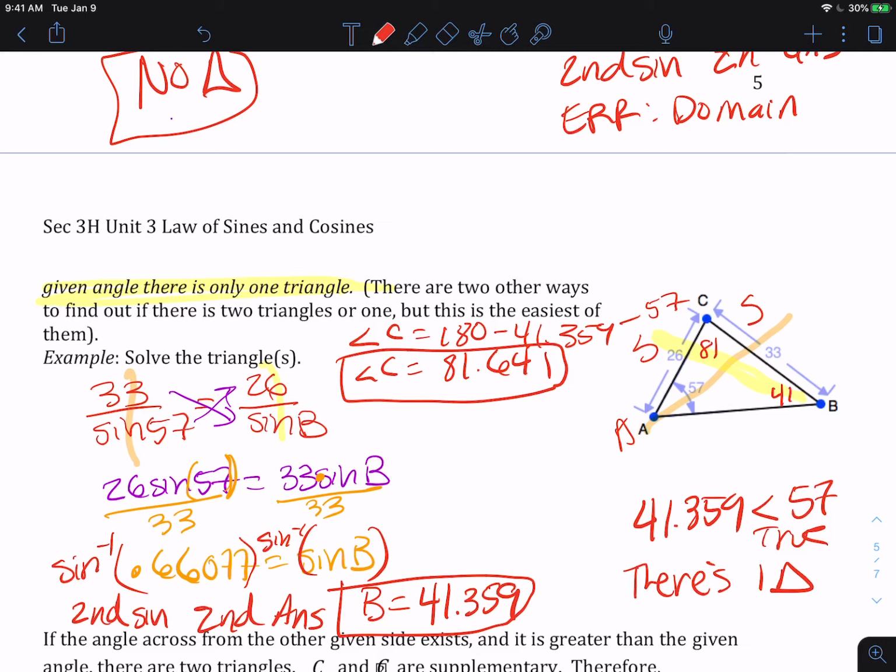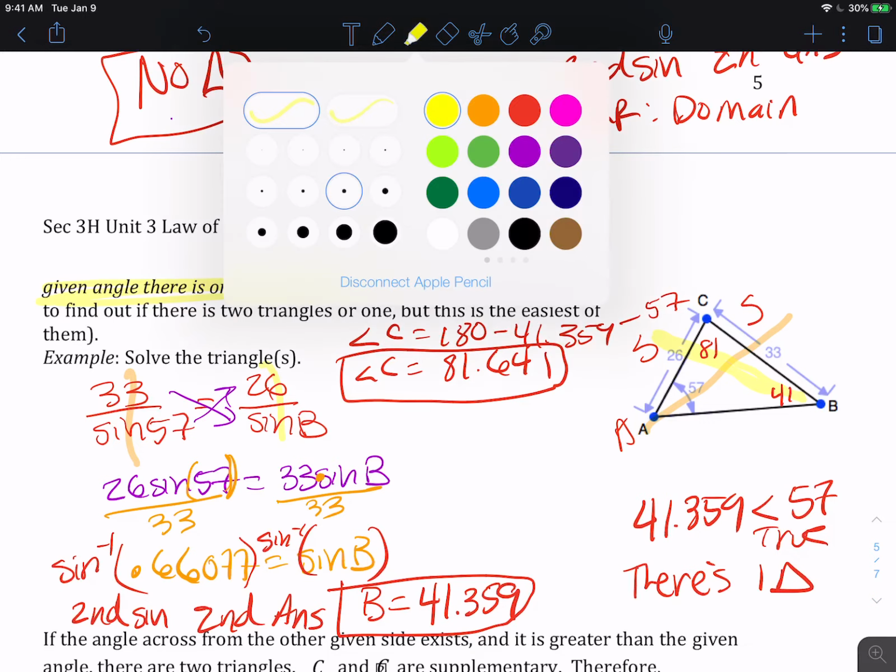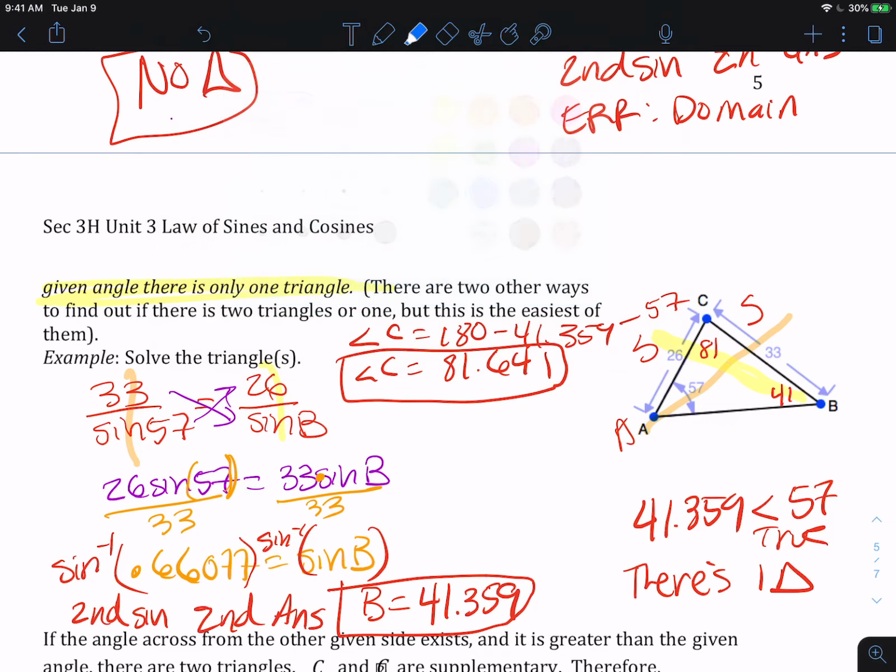Well, we're only missing this last side. If I want that side here, I can use this proportion to help me out. You can use the one that you just found, but then you are using a decimal, so I prefer not to use that because I could end up with a rounding error. So instead, I'm going to come up here and set it up.